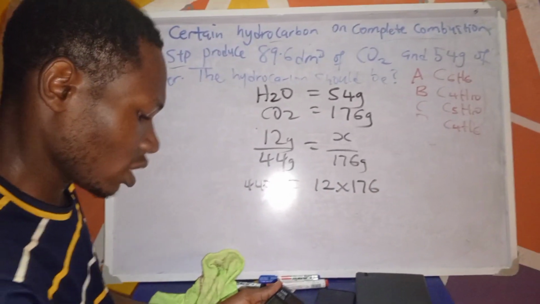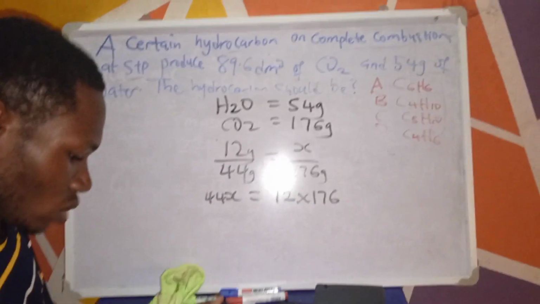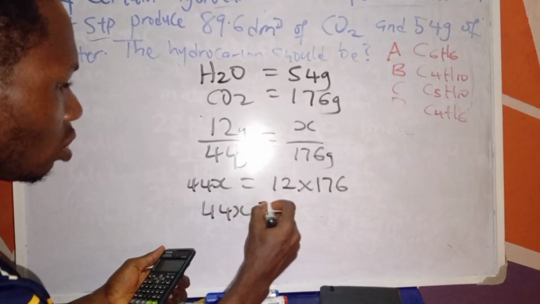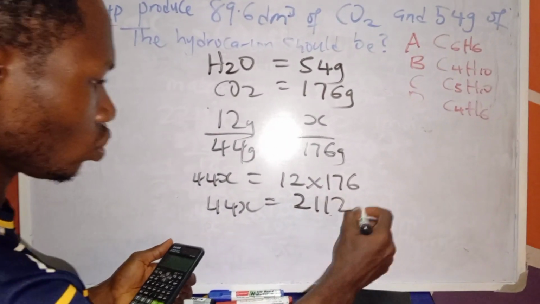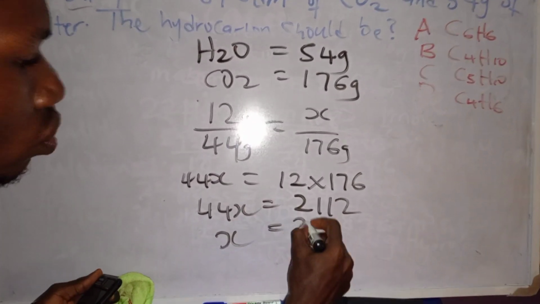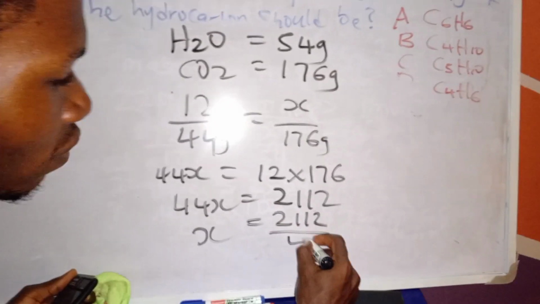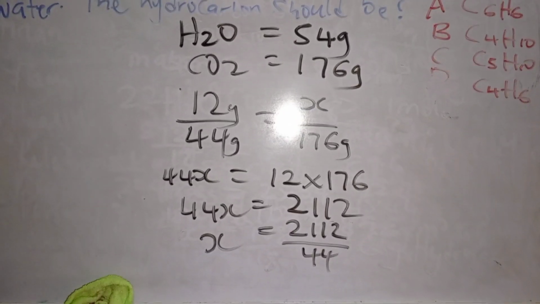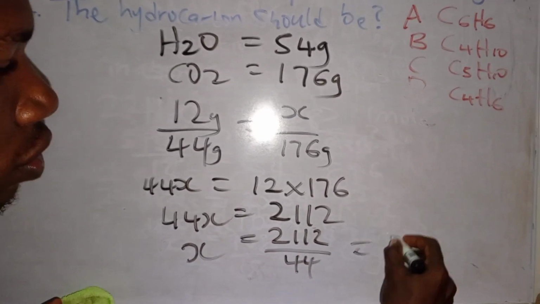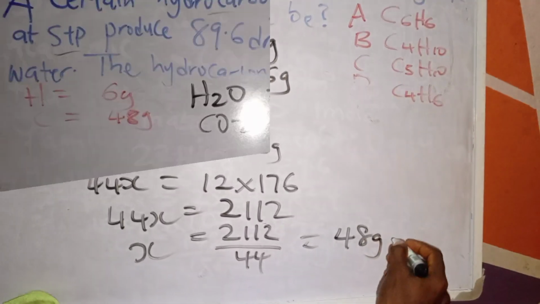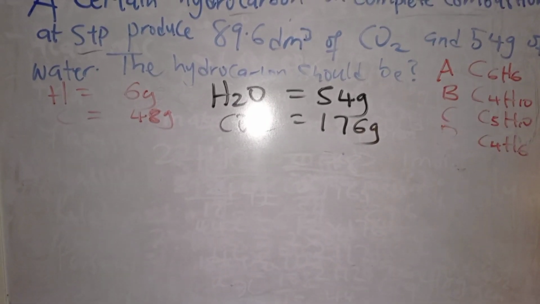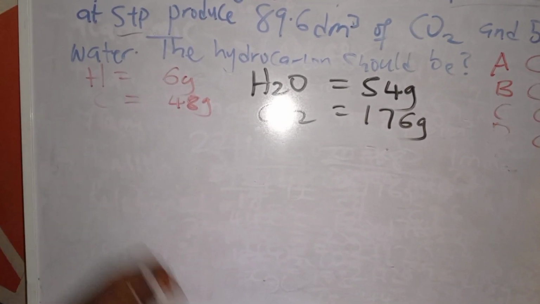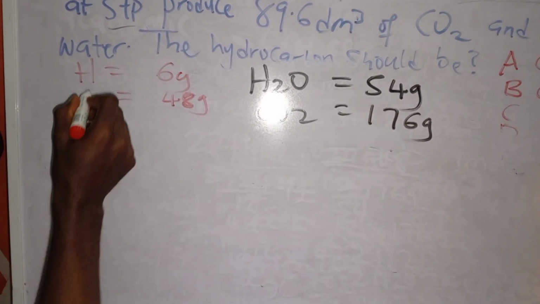And 12 times 176 will give us 44x is equal to 2112, and x will be equal to 2112 over 44, and that will give us 48 grams. We have already gotten the mass of hydrogen to be 6 grams and the mass of carbon to be 48 grams.